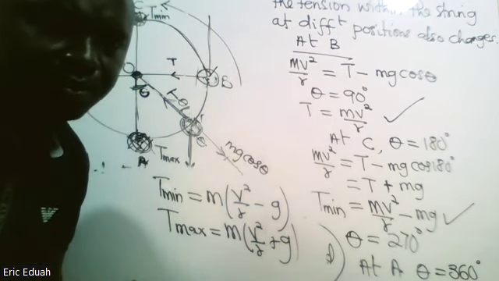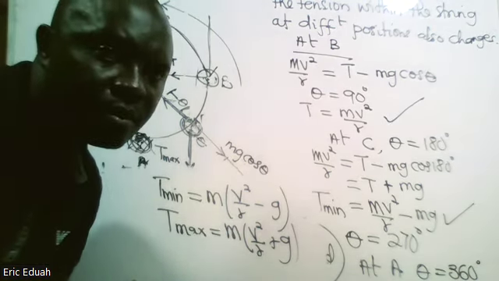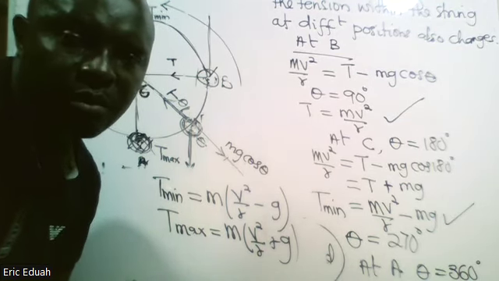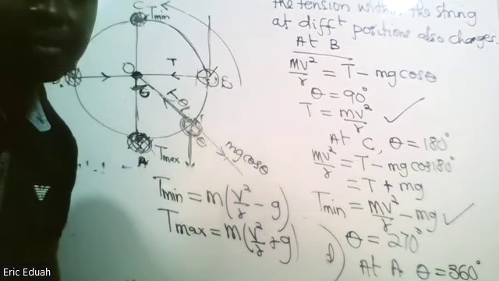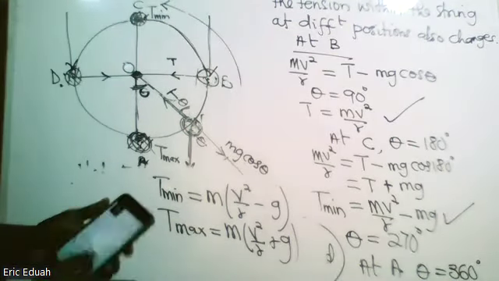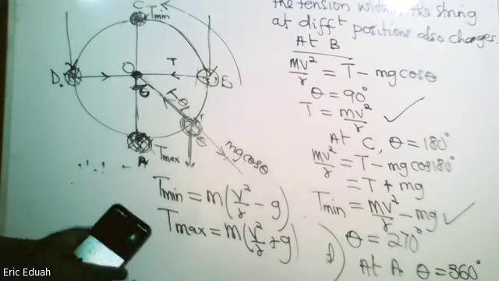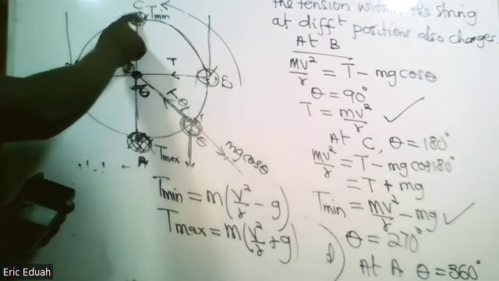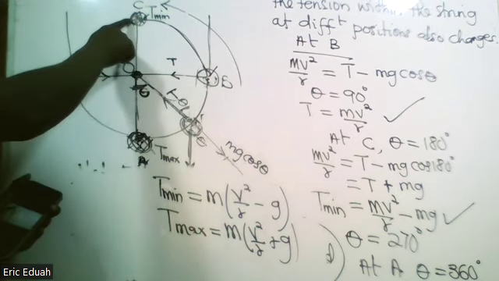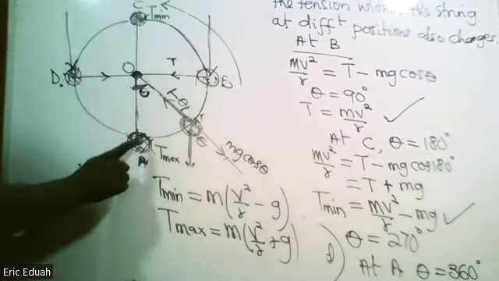Hello, ma. Mr. Adria, please, I was wondering why tension will be less at the C part. Is it because of gravity? It's because of gravity. The effect of gravity at this point is greater than at this point.